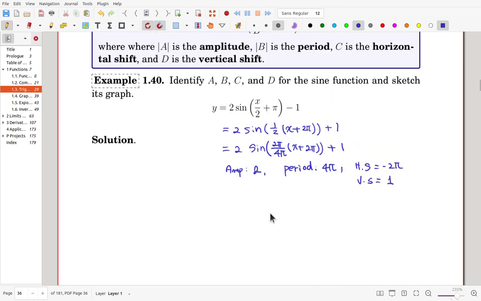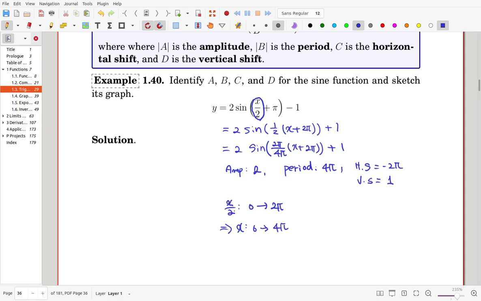Now, for this problem, in finding the period, x over 2 is changing from 0 to 2 pi, then the function makes a whole cycle. That means that this is exactly the same as x moving from 0 to 4 pi.